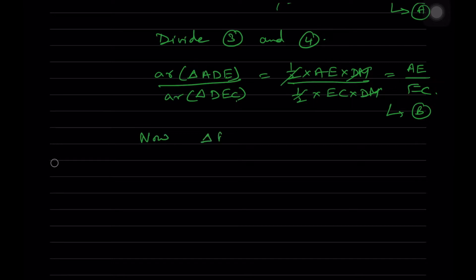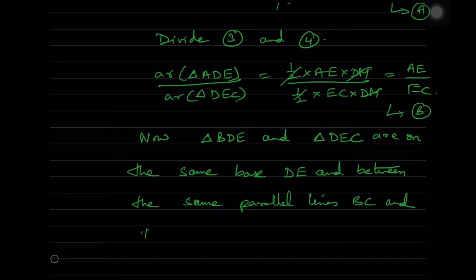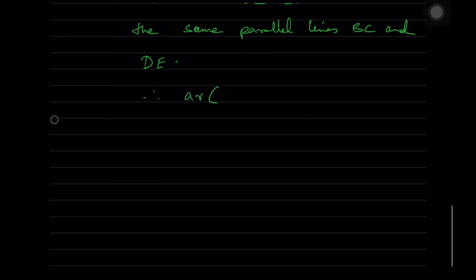Now triangle BDE and triangle DEC are on the same base DE and between the same parallel lines BC and DE. Therefore area of triangle BDE is equal to area of triangle DEC.